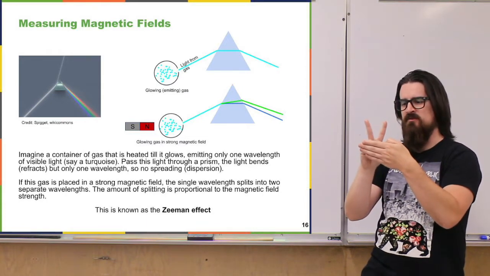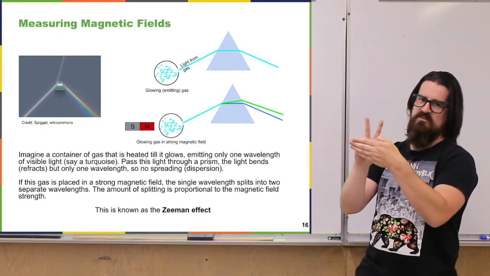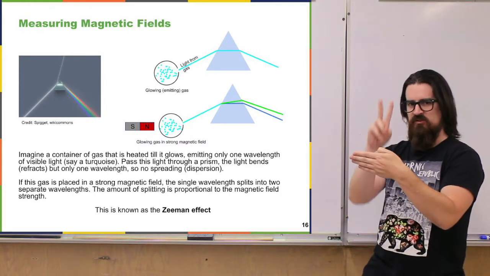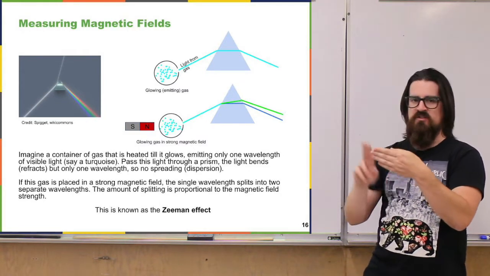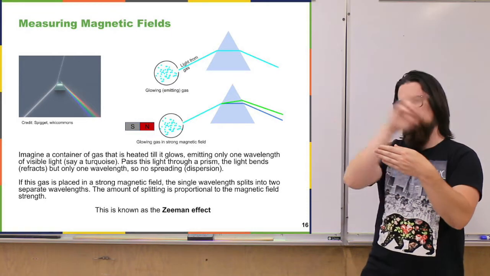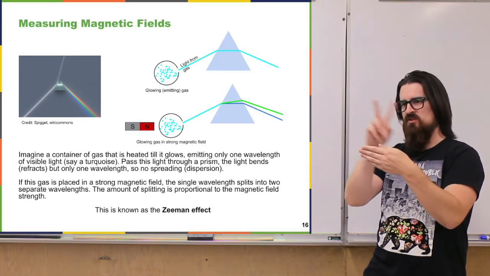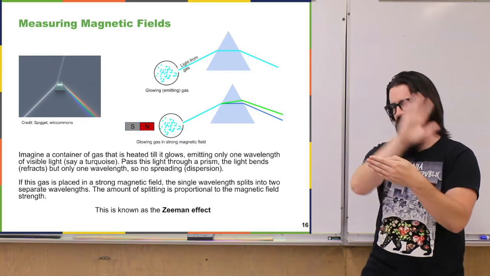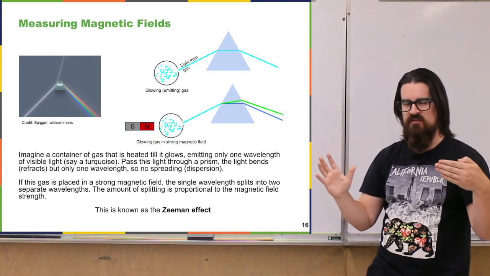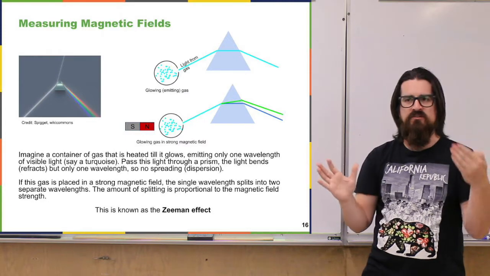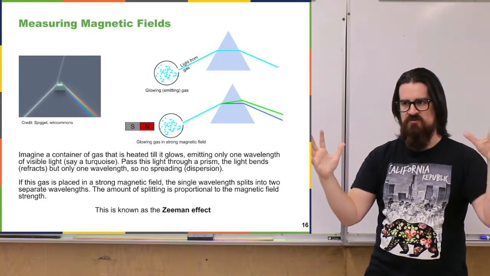And again, the amount that it splits depends on the strength of the magnetic field. So by looking at the emission from this element at different places all over the sun and seeing how much that line has split, we can say how strong or weak the magnetic field is all over the surface of the sun, and we could build a picture of the magnetic field along the surface of the sun, all over the surface of the sun.